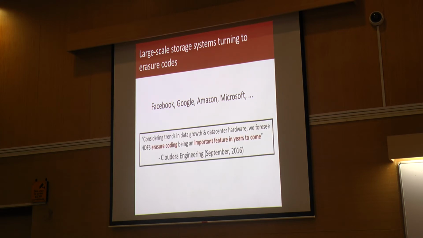And here is a quote from Cloudera, which maintains Apache Hadoop, a big data storage and analysis platform widely used in industry, saying that erasure coding in HDFS, the Hadoop Distributed File System, their distributed storage layer of the stack, is going to be an important feature in years to come. That's because data is now so large that almost every enterprise, every user wants to use coded storage. They cannot afford to have multiple copies of the data.